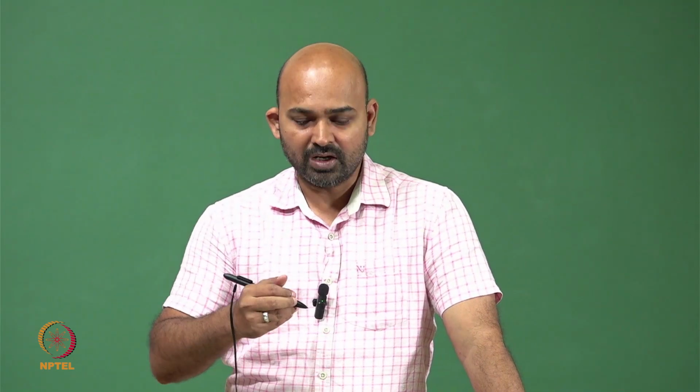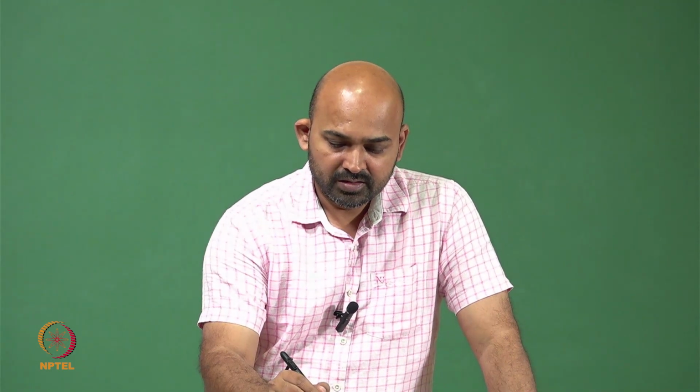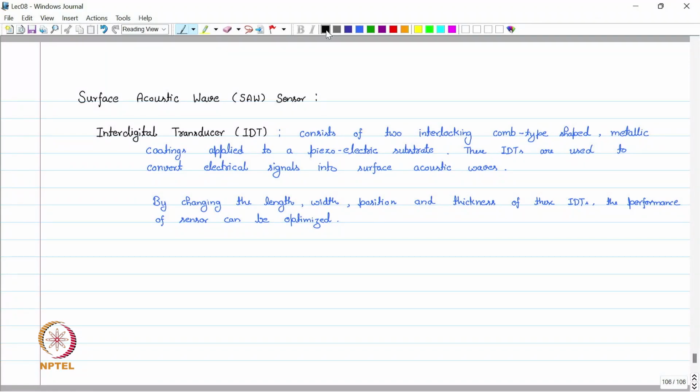So let's see how this IDT structure looks like. We have an IDT structure placed on top of a piezoelectric substrate, and generally this is photolithographically printed. So let's say we use gold as a material.